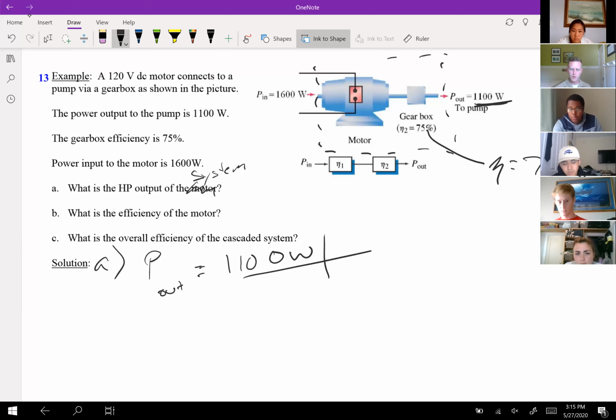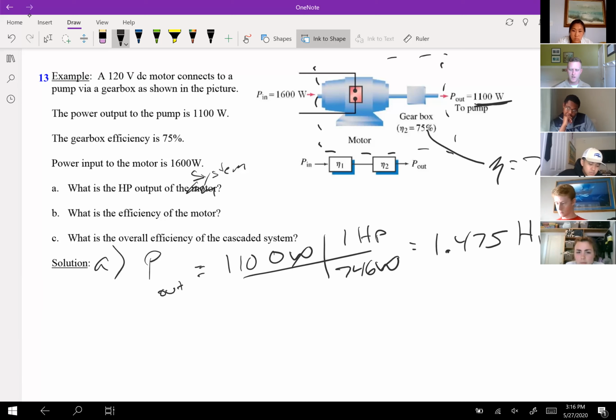I'm doing the railroad tracks here to convert it into horsepower, 1 horsepower, 746 watts. But it is a good reminder that that conversion is always there. And that 1 horsepower to 746 is on the equation sheet. There's a section that says motor, and it is there. So that's 1.475 horsepower.